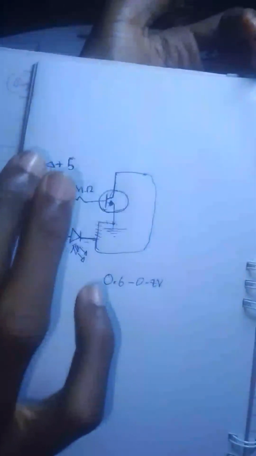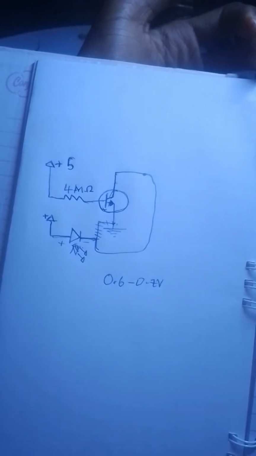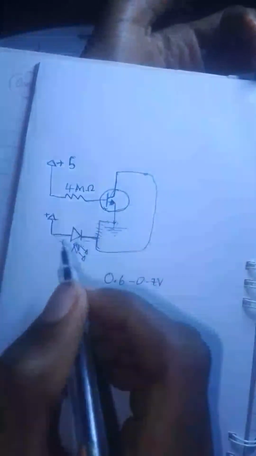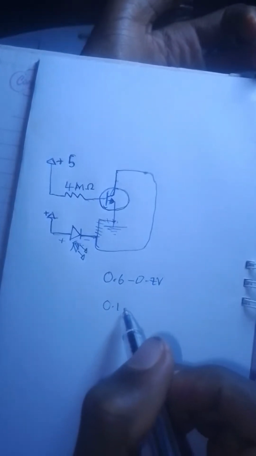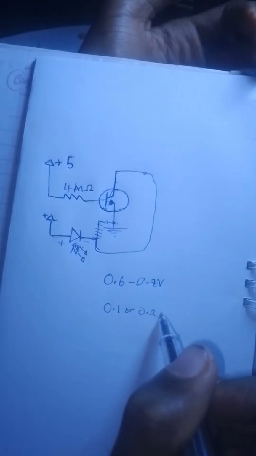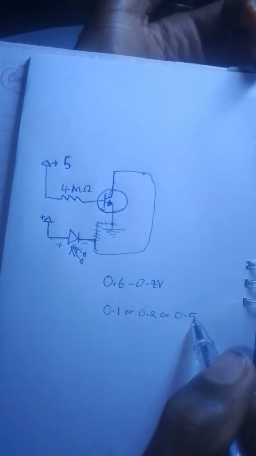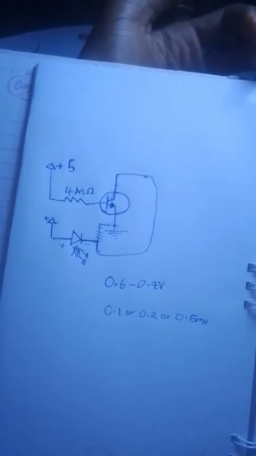With this kind of high value resistor, it will maybe allow 0.1 or 0.2, let me say 5 millivolts, which is really small, and it still won't open the transistor completely.